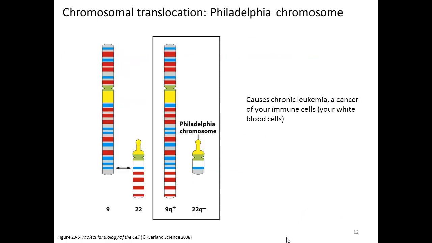frequent in the population. Now, another type of problem with your DNA or chromosomes that can cause cancer are translocations, in which material that's normally on one chromosome gets transferred over in an improper recombination to another chromosome.